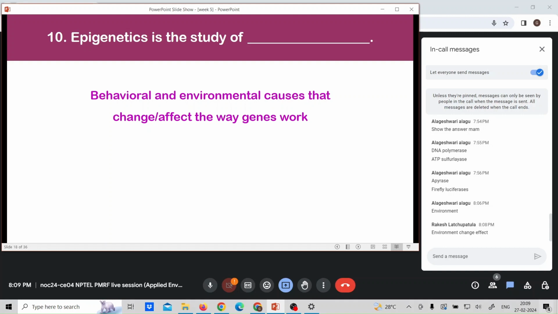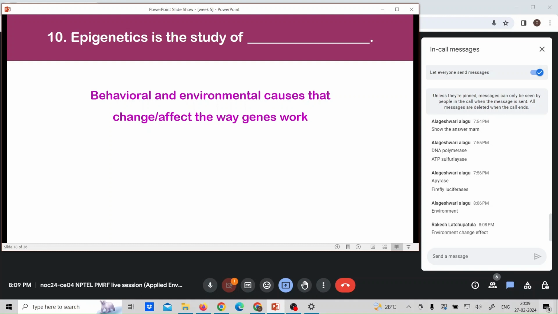Okay, the continuous exposure of the person to that particular chemical can make some changes to the way his genes are working.